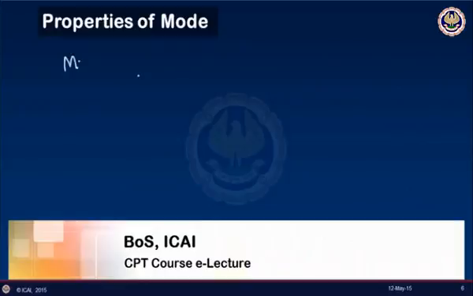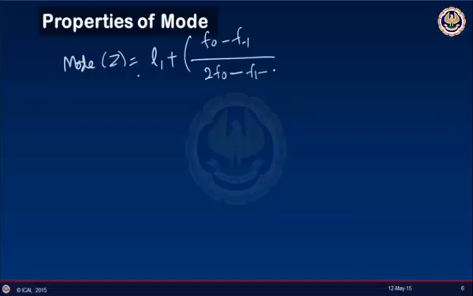Mode for the given data, Z, equals L1 plus F0 minus F minus 1, divided by 2F0 minus F1 minus F minus 1, into the length of the class interval.